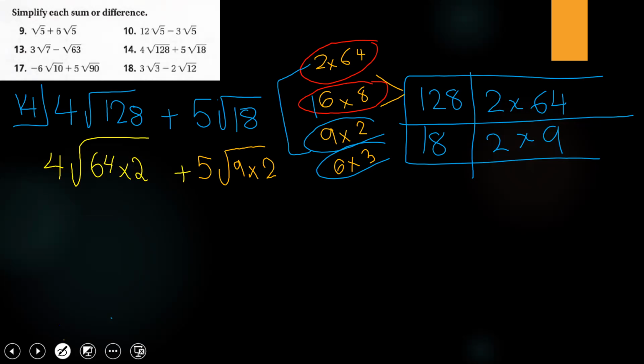Is it right? Yes. Then let's now distribute the square root on the numbers here, on 64 and on 2 and on 9 and on 2.